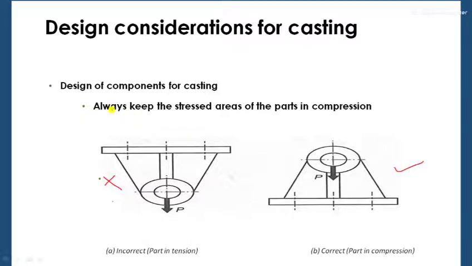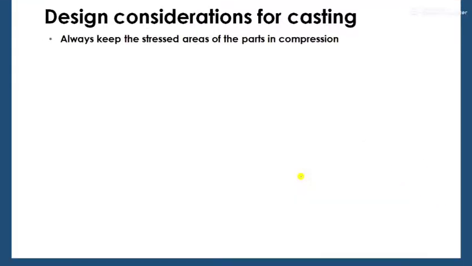So always keep the stress areas of the part in compression. Why? Because cast iron has more compressive strength than its tensile strength. Hence, castings should be placed in such a way that they are subjected to compressive stress rather than tensile stress. So this is the first design consideration.